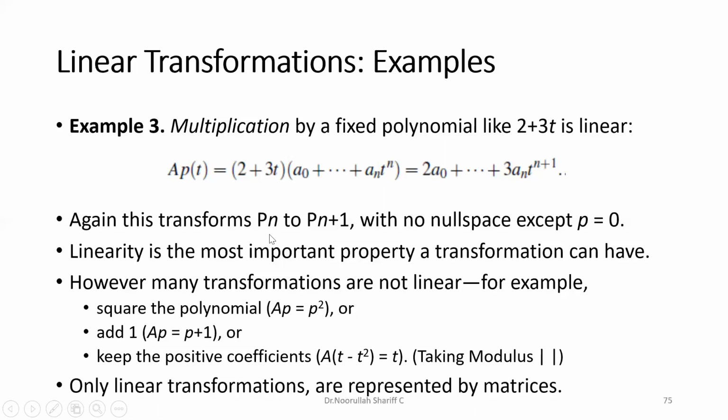Again, this transformation is from Pn to Pn plus 1, because this has n plus 1 terms, and the result has n plus 2 terms, which is similar to the integration, with no null space except at p equal to 0. We don't have any null space here because the A0 term exists over here.